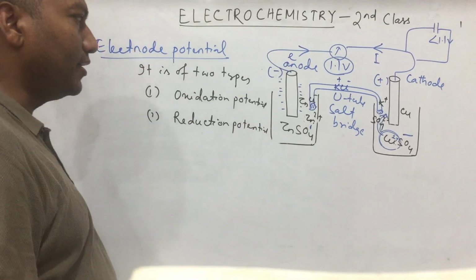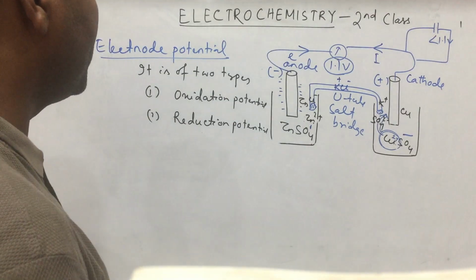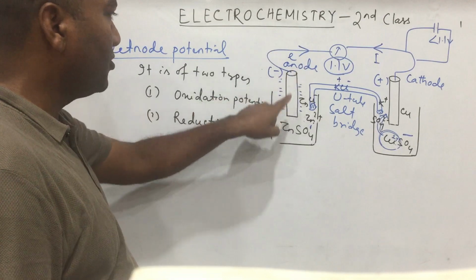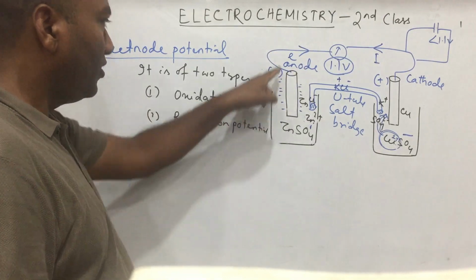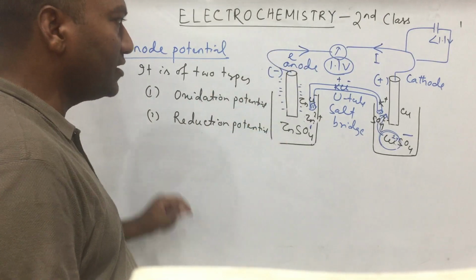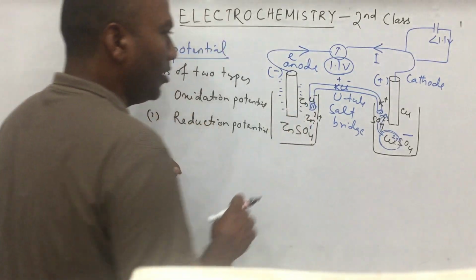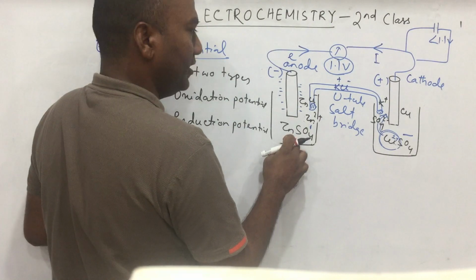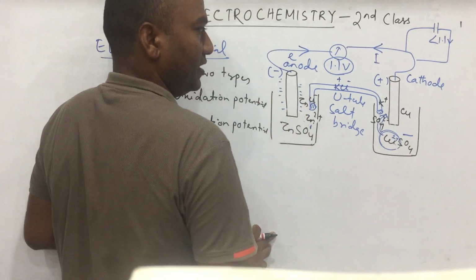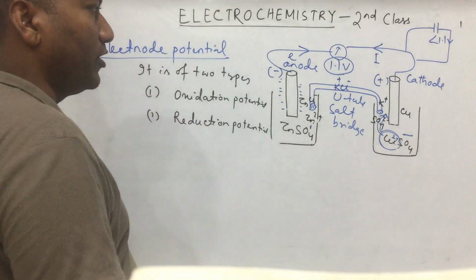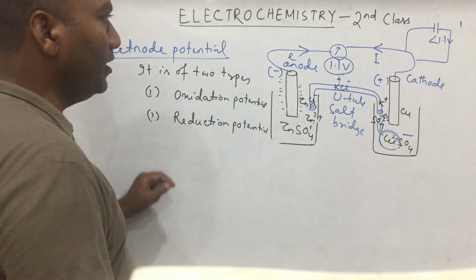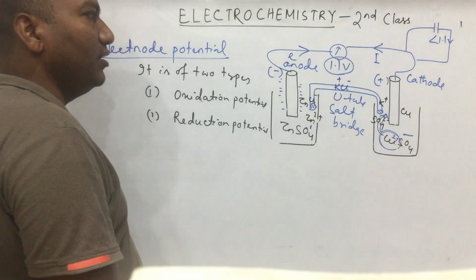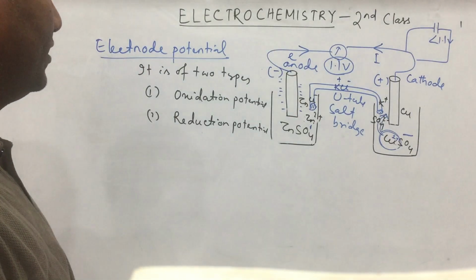Here you see, this electrode, the anode, undergoes oxidation, so it is called oxidation potential. That means the potential difference developed between the anode and the electrolyte is known as oxidation potential. Similarly, the potential difference developed between the cathode and the electrolyte is called reduction potential.